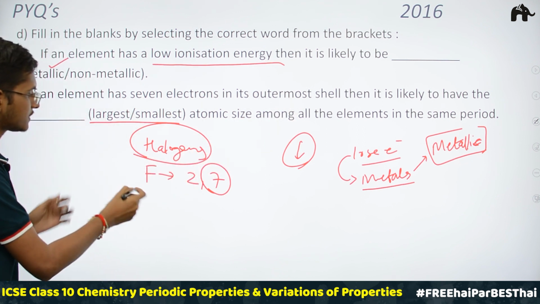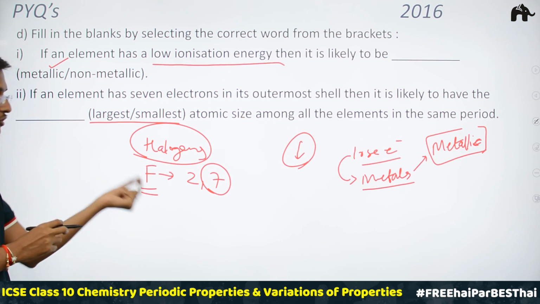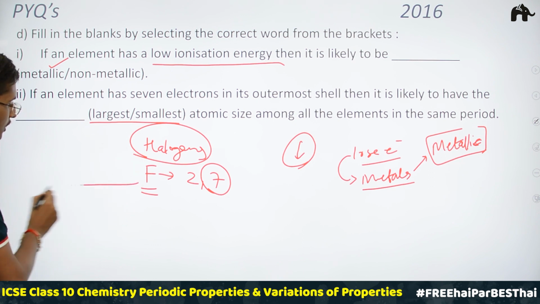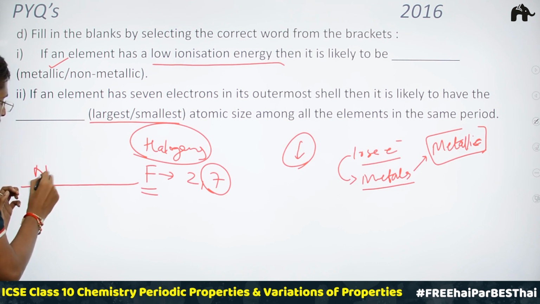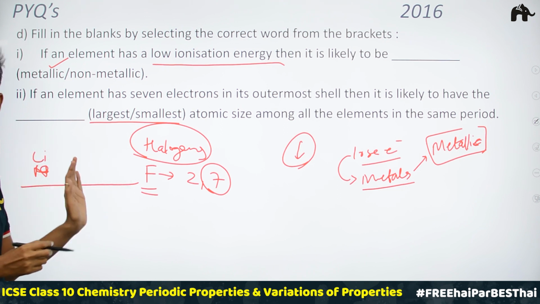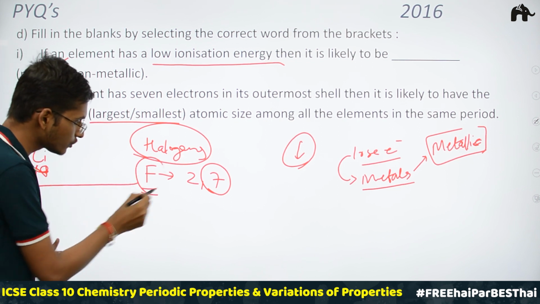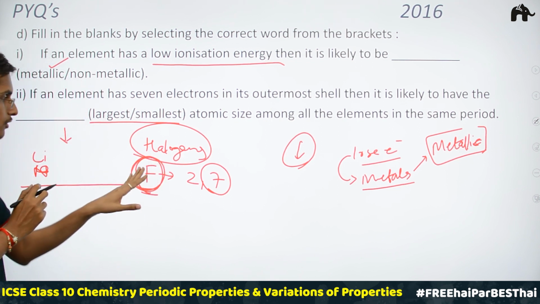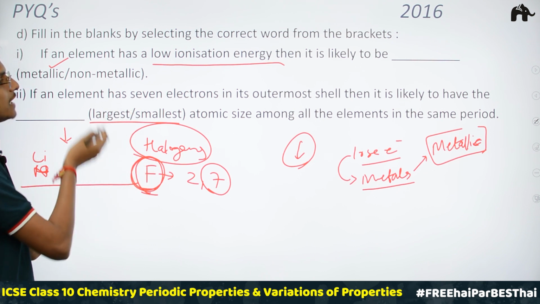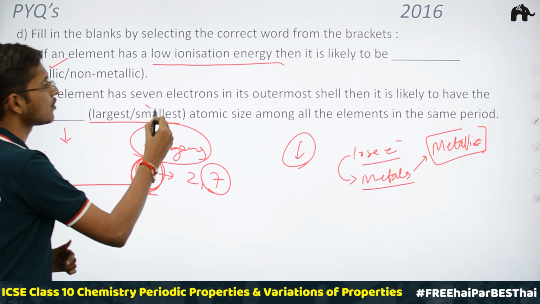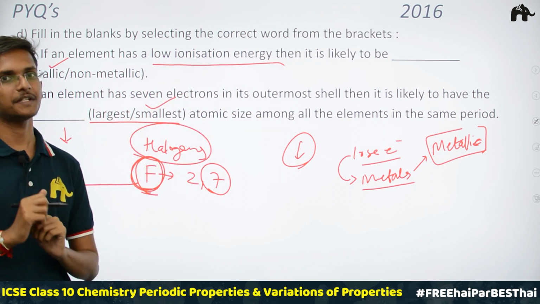See, fluorine, whether it would have the largest or smallest size among all the elements in the period. We know from lithium to fluorine, atomic size goes on decreasing, and we also know that fluorine has the smallest atomic size in the entire period. So what would be the answer? It is likely to have the smallest atomic size among all the elements in the same period.